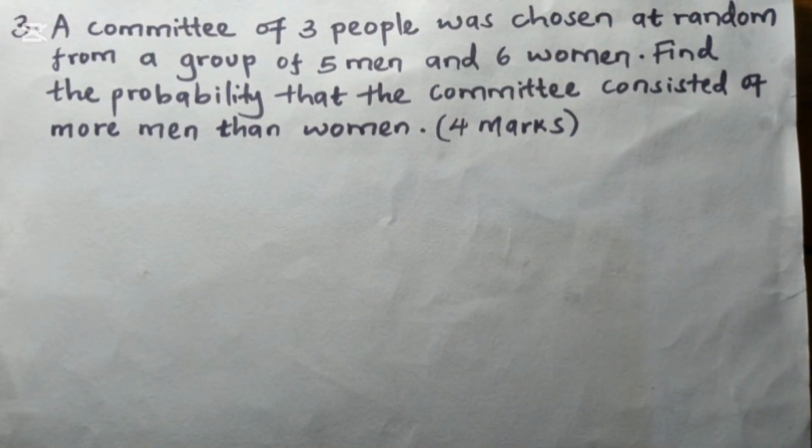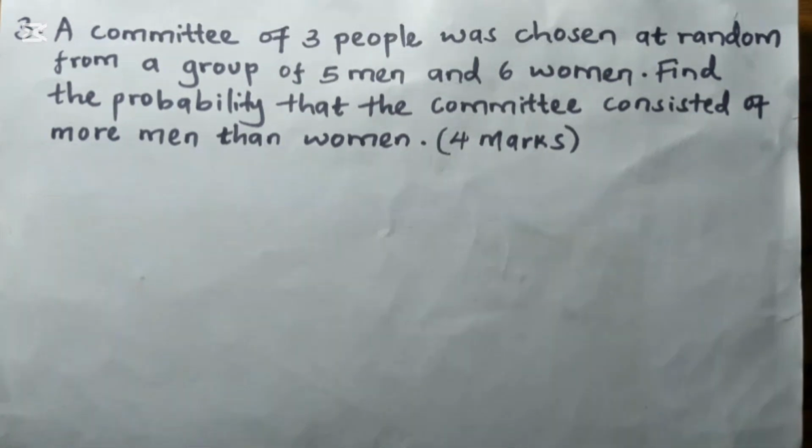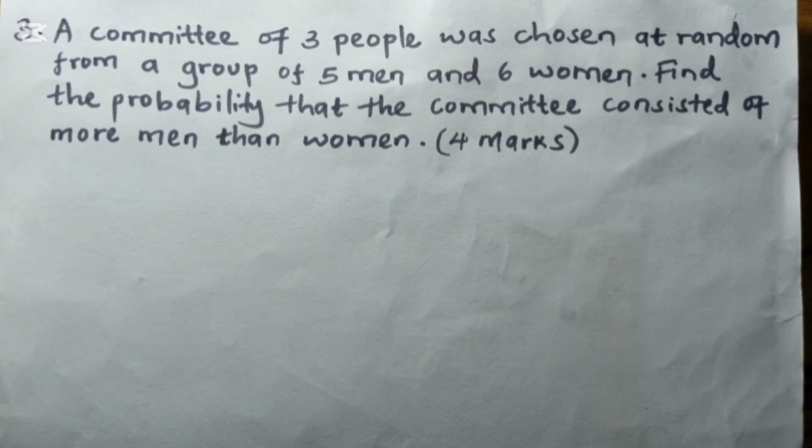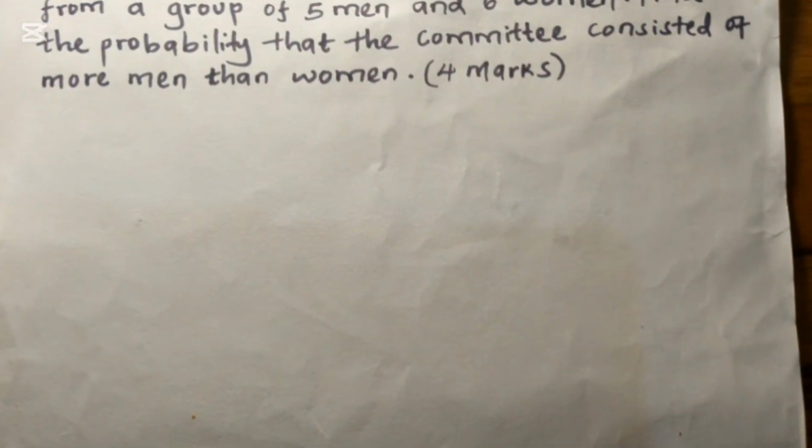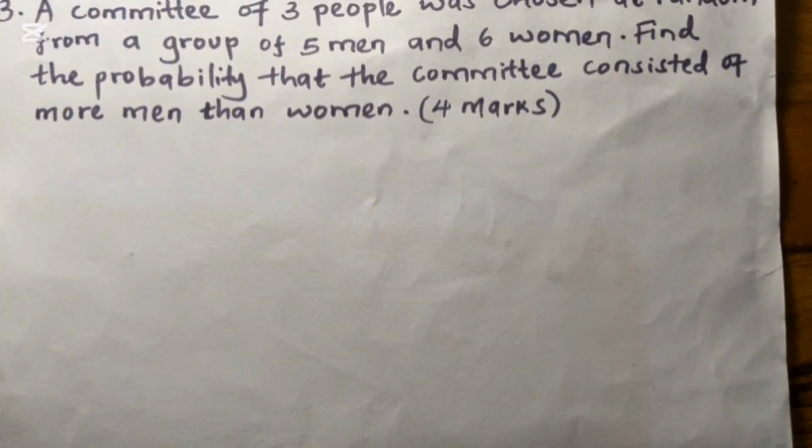We want to know the total number of people in this group of people. 5 men and then 6 women. So the total, let us solve.